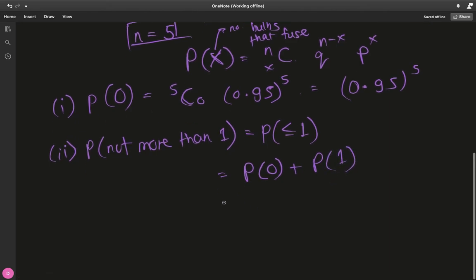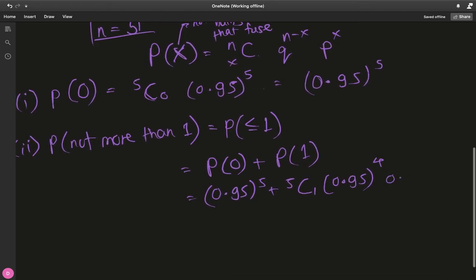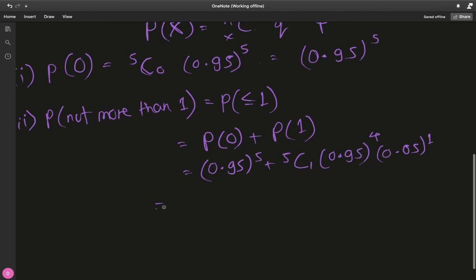Probability of 0 we calculated out to be 0.95 to the fifth, plus probability of 1 will be 5 choose 1, 0.95 to the 5 minus 1 or fourth power, and 0.05 to the first power. So this will be 0.95 to the fifth plus 5 choose 1 is 5 times 0.05 times 0.95 to the fourth power.